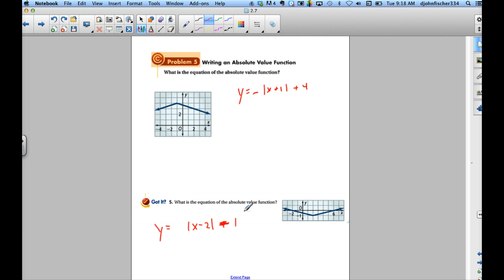But now when we look at this, this goes up 1 over 3. So it stretched it vertically, stretched it out pretty strong there. So it's going to go up 1 over 3. So that means this number in front here has to be a 1/3 because it's going up 1 over 3.